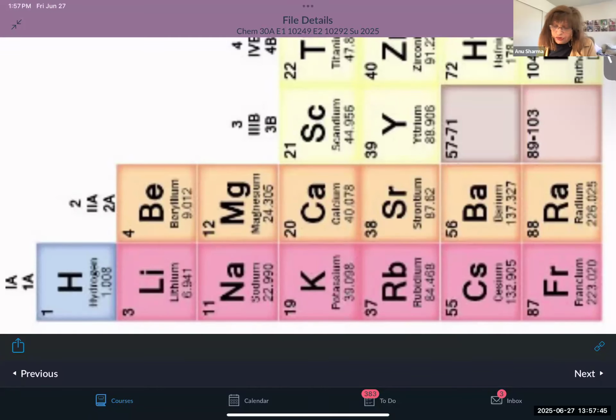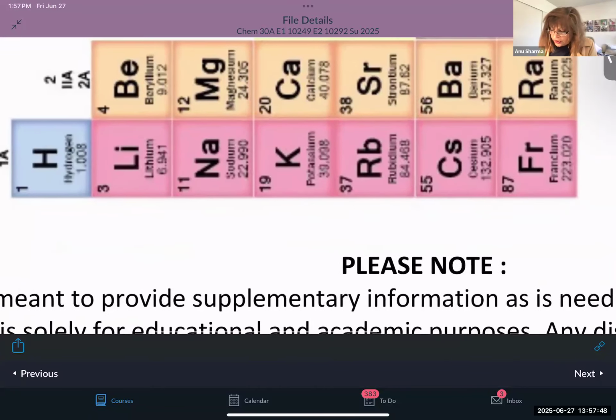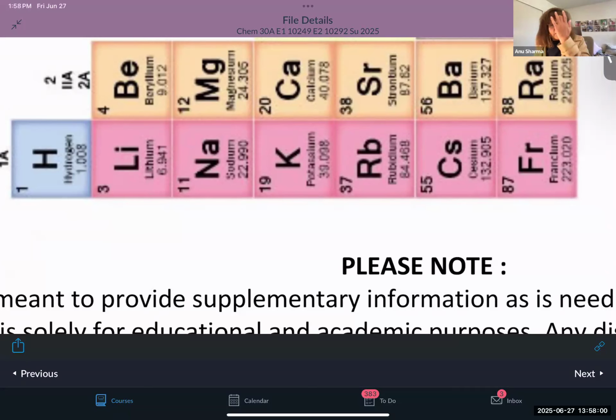Whether it's 1s2, 2s2, 3, it depends on the period. So hydrogen, period 1, lithium, beryllium, period 2. Period means energy level. Hydrogen, 1 energy level, lithium, beryllium, 2 energy levels, sodium, magnesium, 3, potassium, calcium, 4, rubidium, strontium, 5, cesium, barium, 6, francium, radium, 7, and so forth.